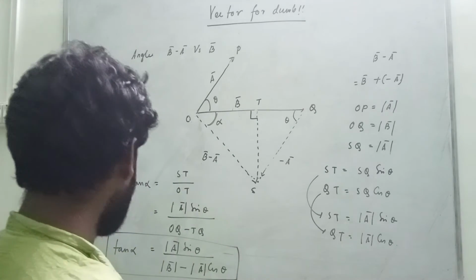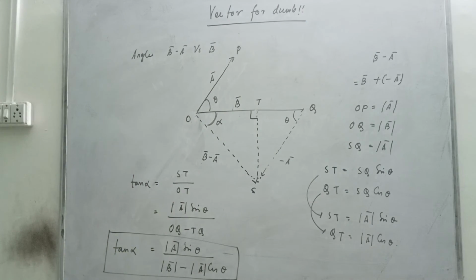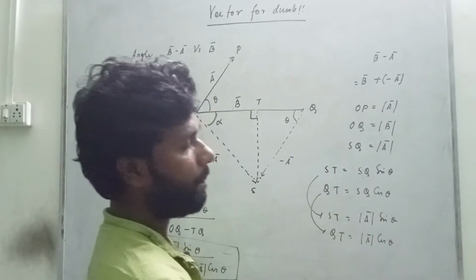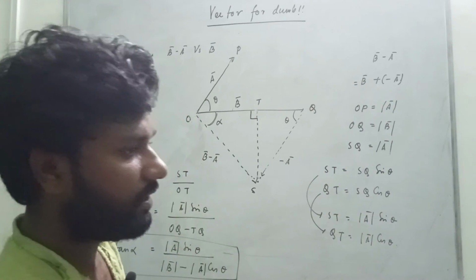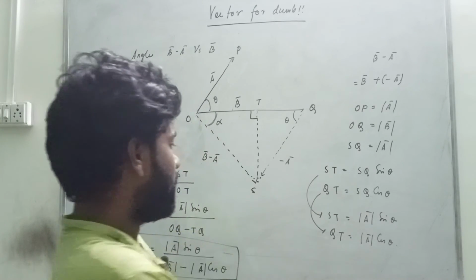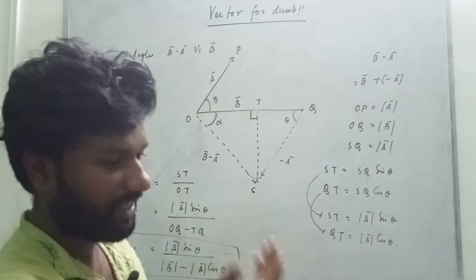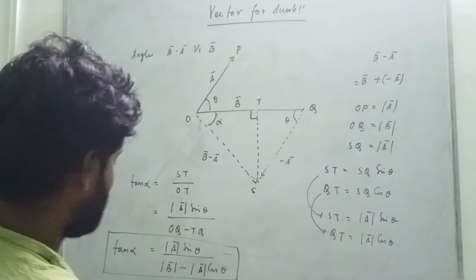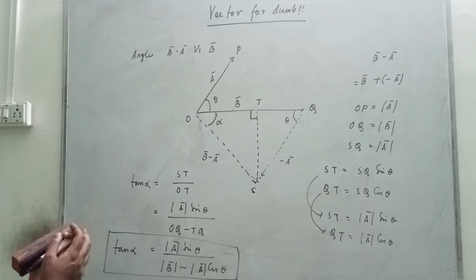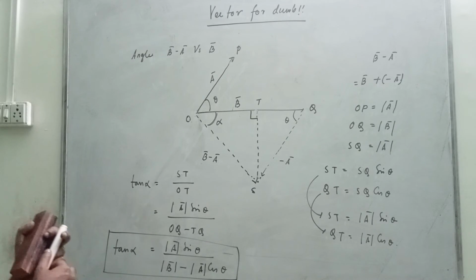Okay, so it is all about our angle between A plus B with B, A minus B with B, A minus B with A, and it is the last case, B minus A with A or B minus A with B, right? It is very crucial here, and a very simple trick.